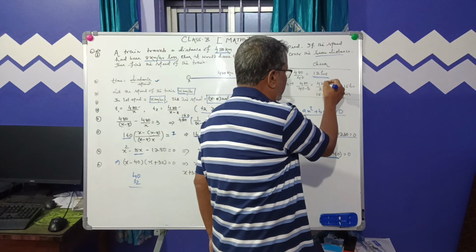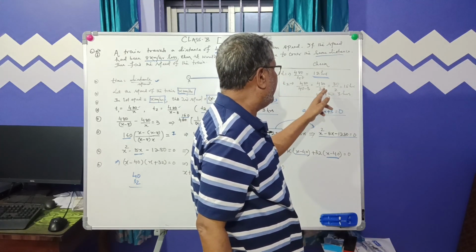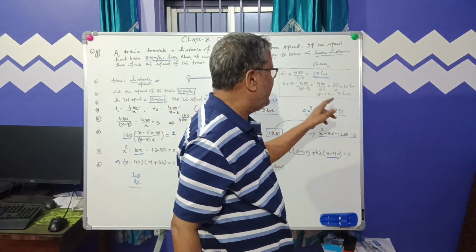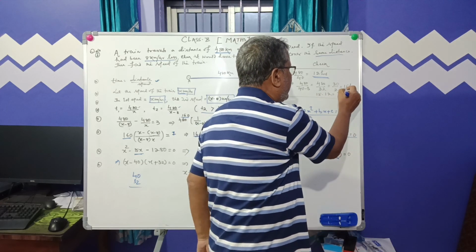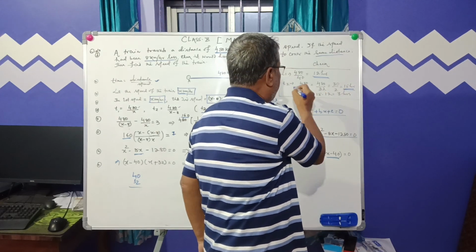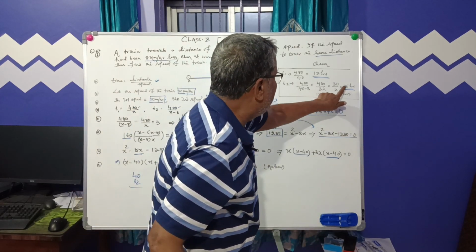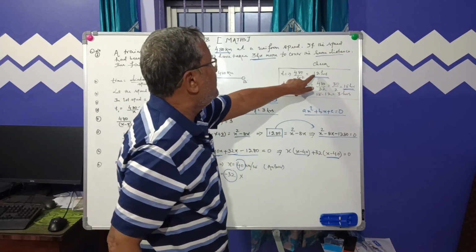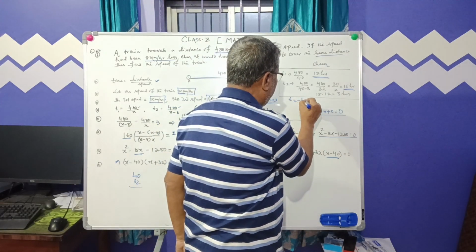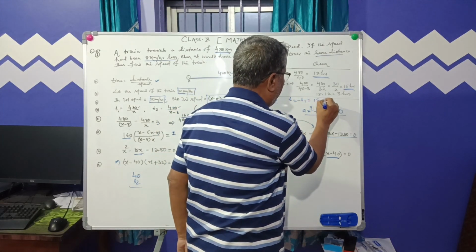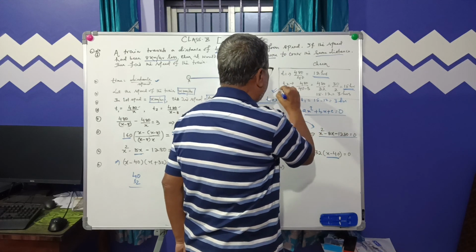Simplifying it, dividing 480 by 16, we get 30 by 2, and finally we get 15 hours. Now you see T2 is greater, T1 is 12. So T2 minus T1 is equal to 15 minus 12, which is 3 hours. So our answer is correct.